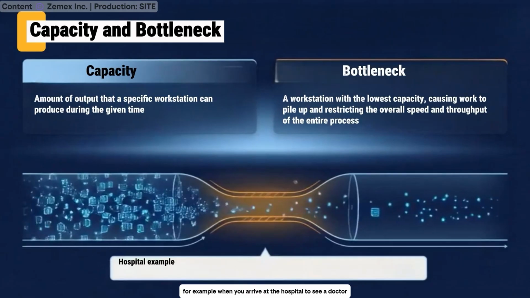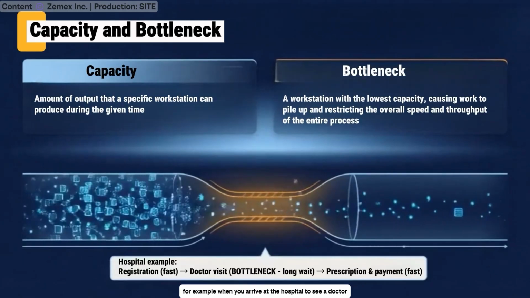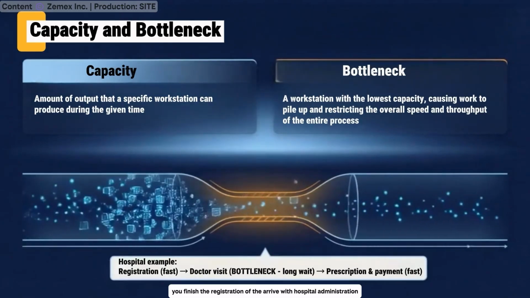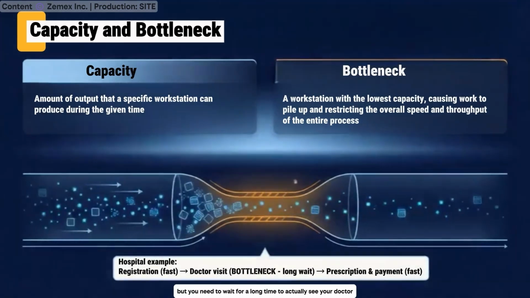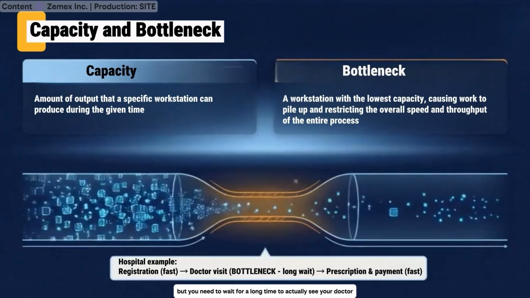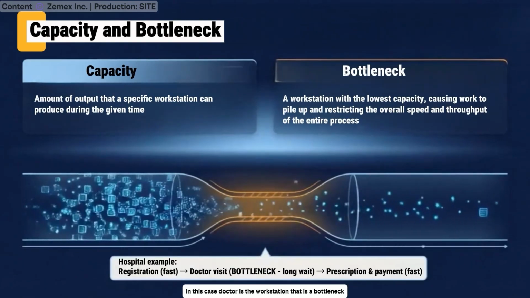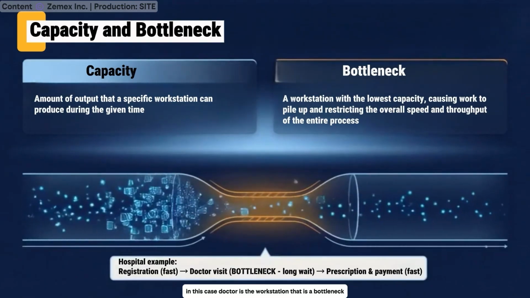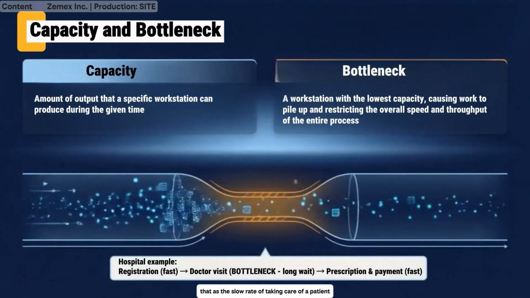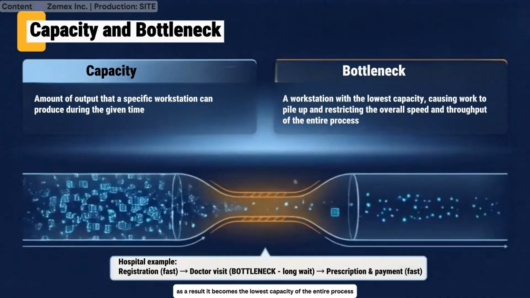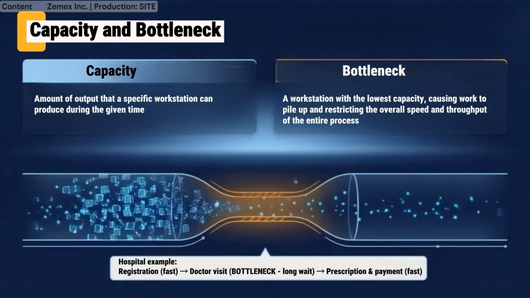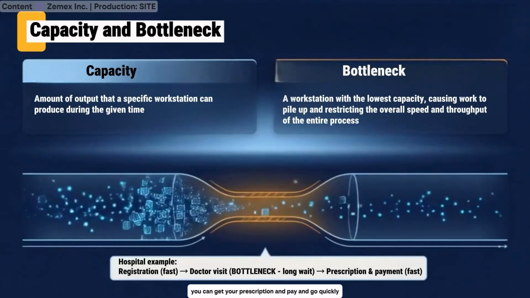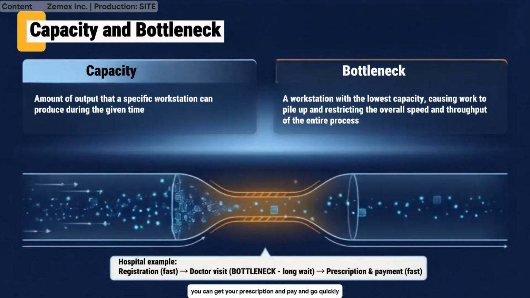For example, when you arrive at the hospital to see a doctor, you finish the registration of the arrival with hospital administration, but you need to wait for a long time to actually see your doctor. In this case, the doctor is the workstation that is a bottleneck, which has the slow rate of taking care of a patient. As a result, it becomes the lowest capacity of the entire process. Once you see a doctor, you can get your prescription and pay and go quickly.